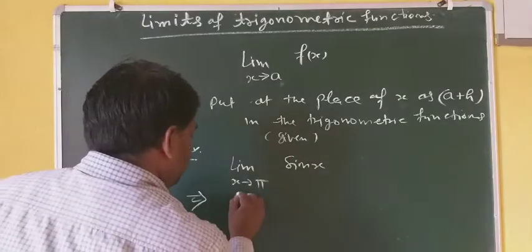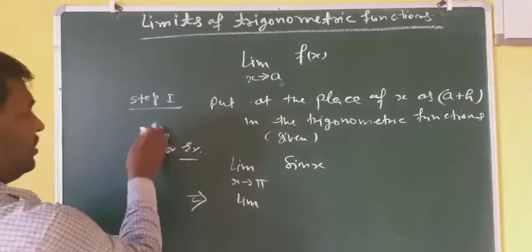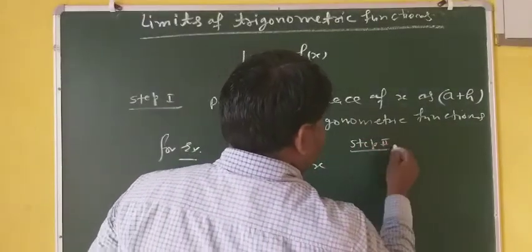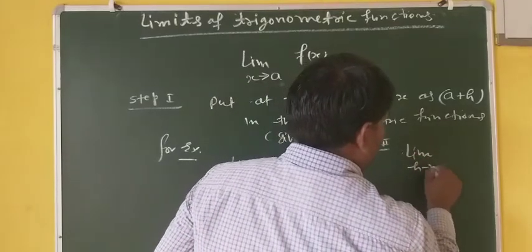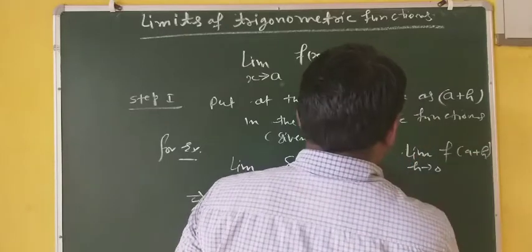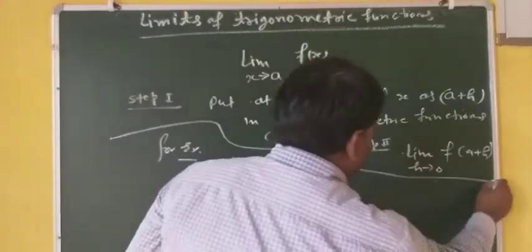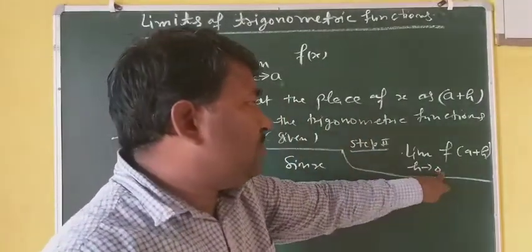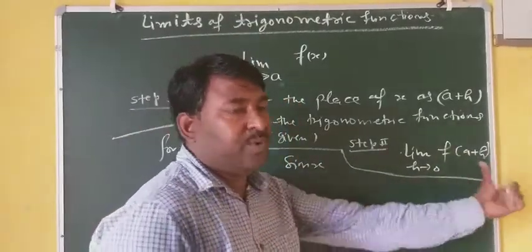So in the next step, step 2, the limit h tends to 0 of f(a plus h). In this way there are two steps, and when h tends to 0, as usual you can solve by using trigonometric properties.